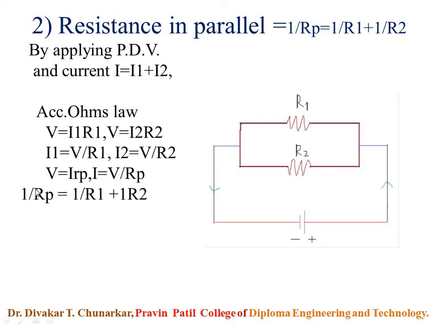Keep in mind this equation of the parallel combination: 1 upon Rp equal to 1 upon R1 plus 1 upon R2. Here Rp is the equivalent resistance in parallel combination.